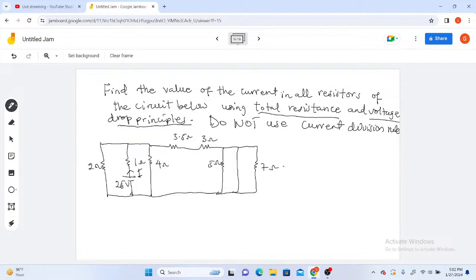And upon reaching here, you realize that this current is split. Some will pass through this side, that is the 2 ohm, and the rest will continue the journey, and upon reaching this junction, we'll have another decision to make.